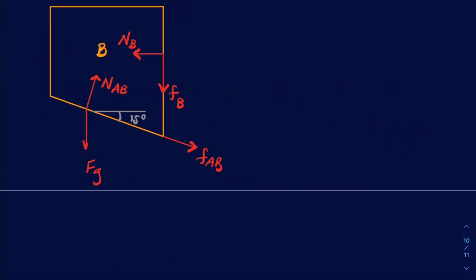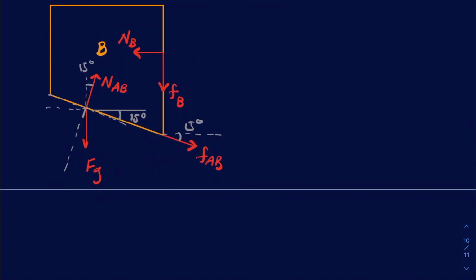So now we can do the same thing for block B that we just did for block A. So first let's figure out the angles of these normal forces and these friction forces. Okay, so now that we've figured out which angle the normal force of AB and the friction force of AB are acting, we can write out our equilibrium equations.